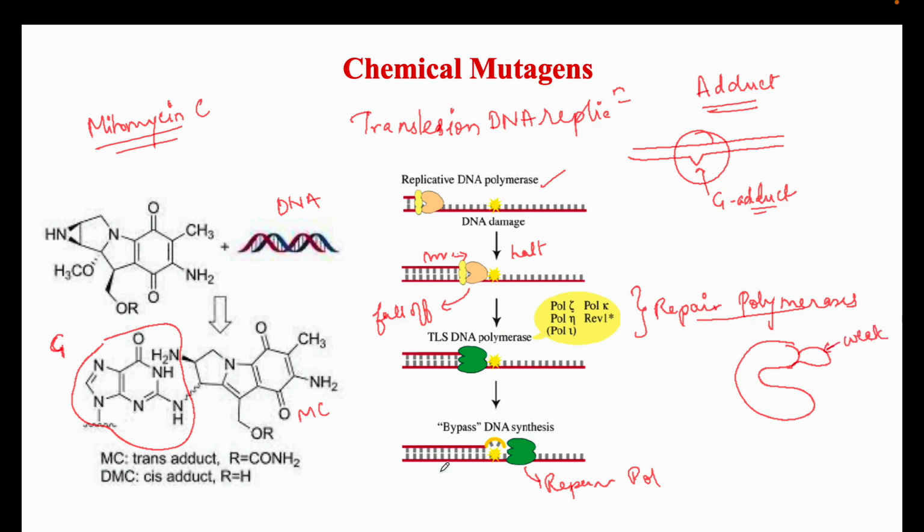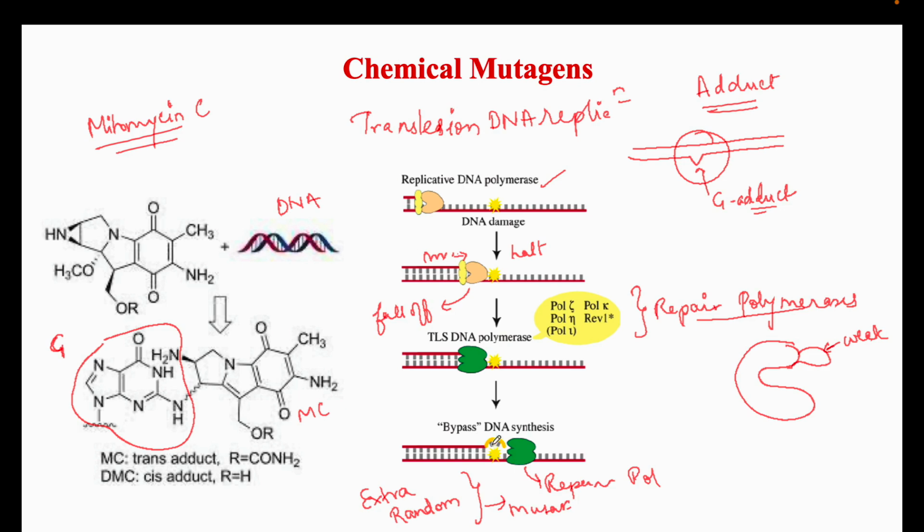Okay, so when they are bypassing, they'll add random nucleotides. Okay, so they'll add some random nucleotides here. There will be addition of, first of all, there will be addition of extra nucleotide, and the nucleotide addition will also be random. Okay, and both of these will lead to mutation, right?